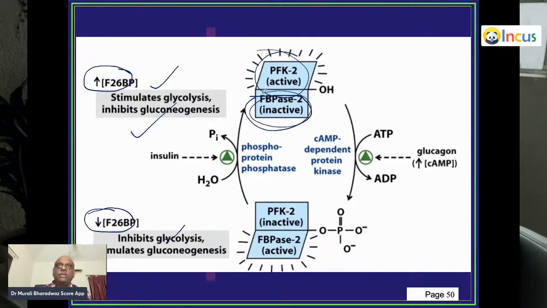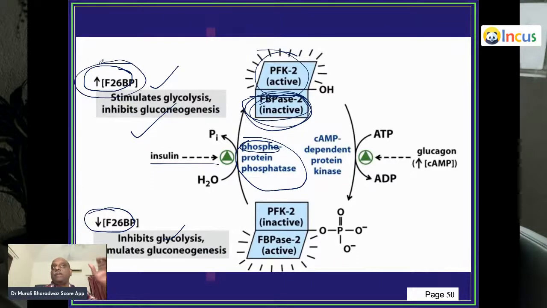Typically it is activated whenever there is dephosphorylation. So phosphoprotein phosphatase, which insulin stimulates, removes a phosphate, and in turn that will convert the fructose bisphosphatase 2 from an inactive into an active form, and that increases the activity of fructose 2,6-bisphosphatase. So this is how the cycle goes on.